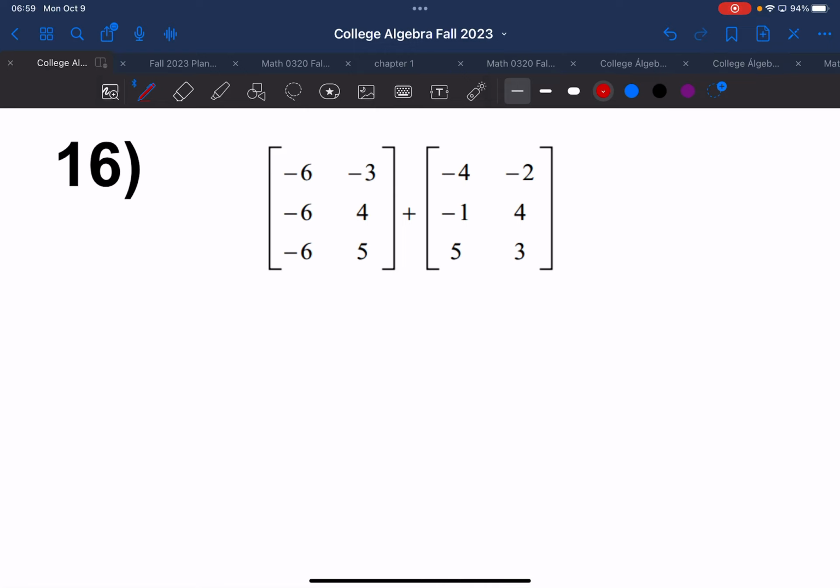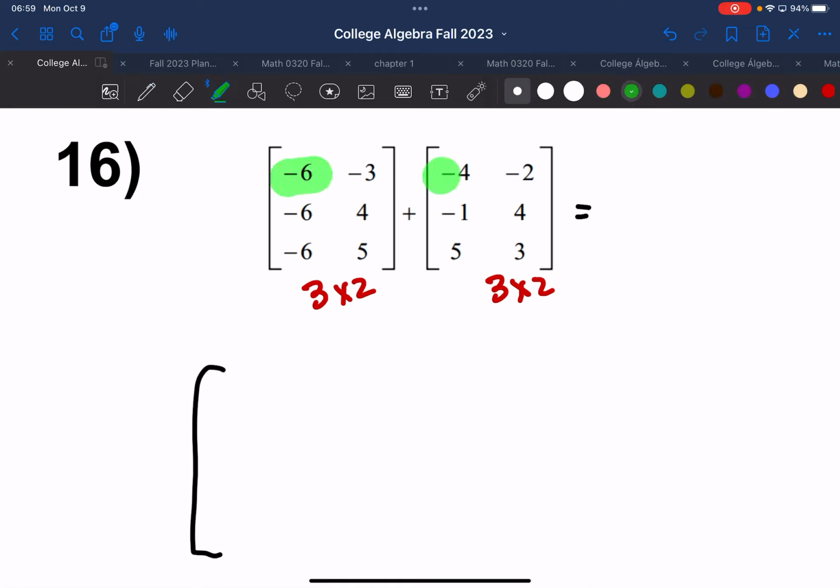So now we're adding matrices, okay? Same concept, we're just adding them. First, we have to check if these have the same dimensions. Yes or no? Good, they do have the same dimensions. What are the dimensions? 3 by 2. So it's 3 by 2, 3 by 2, which means our answer is also going to be a 3 by 2. Okay. So we add all the corresponding numbers.